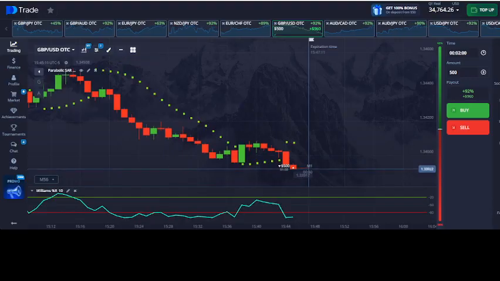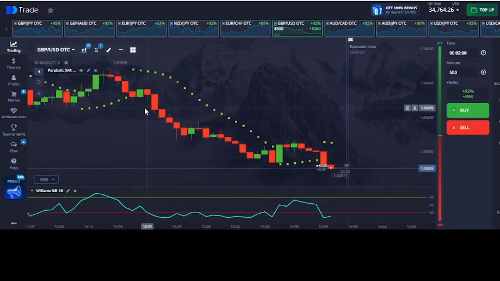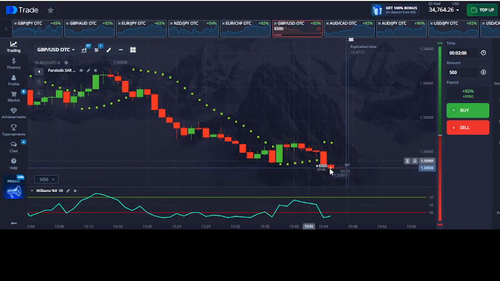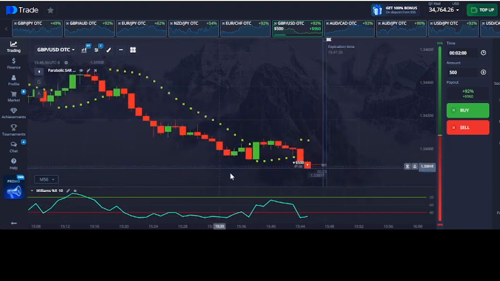Okay, so I'm on the Great British Pound US dollar, and I just took a sell trade or a put trade here. And the reason why I took the trade is, first of all, we're seeing bearish price action, a price action to the bearish side here from top left to bottom right in the price of the currency pair here.